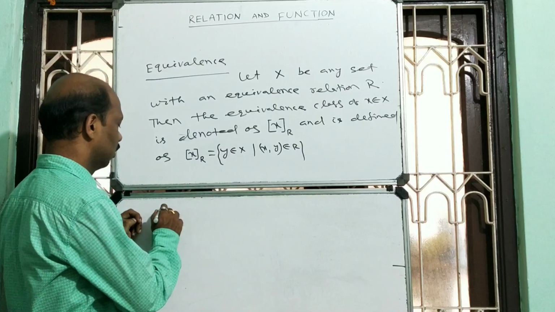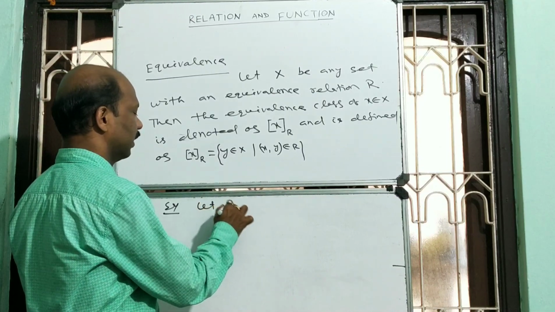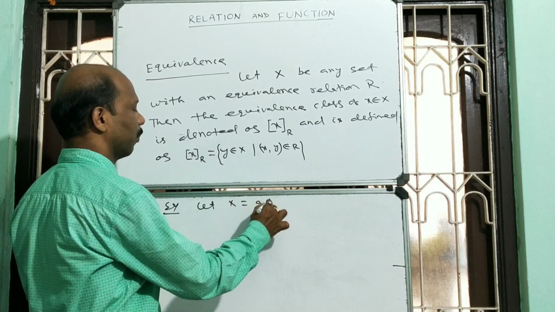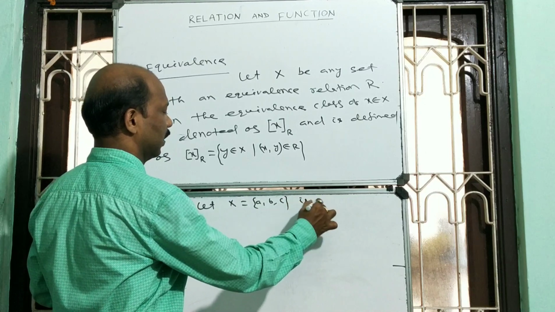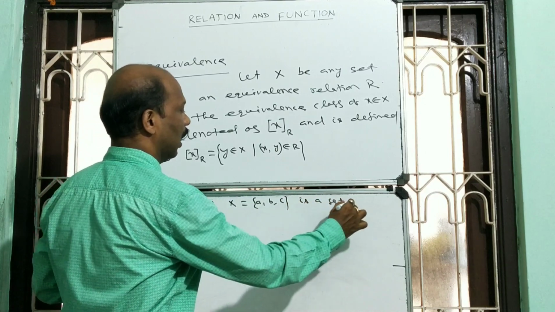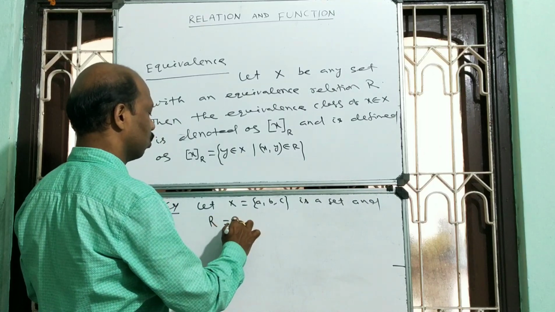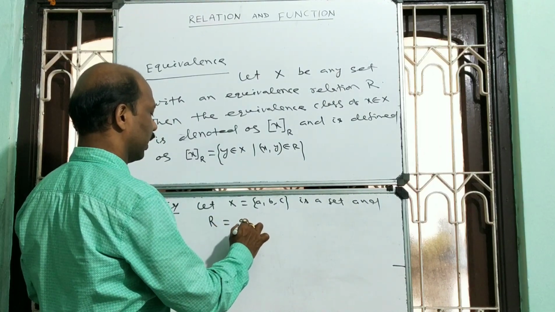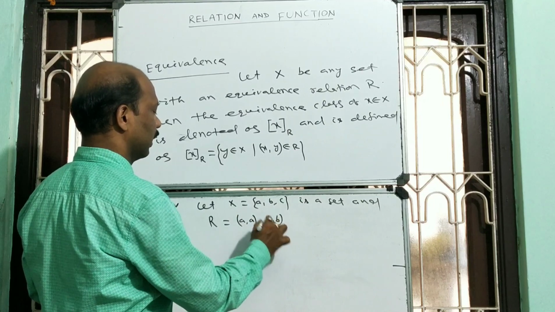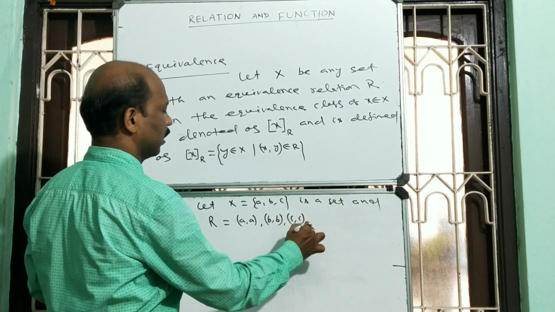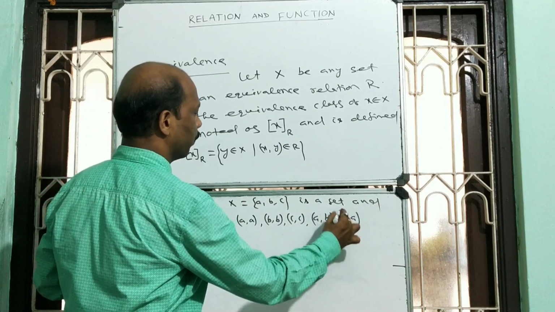For example, let X is equal to {a, b, c} be a set and R is equal to {(a, a), (b, b), (c, c), (a, b), (b, a)}.